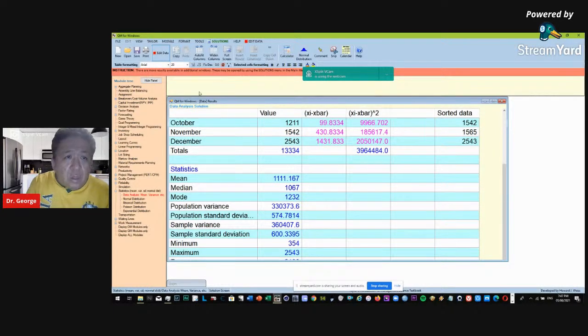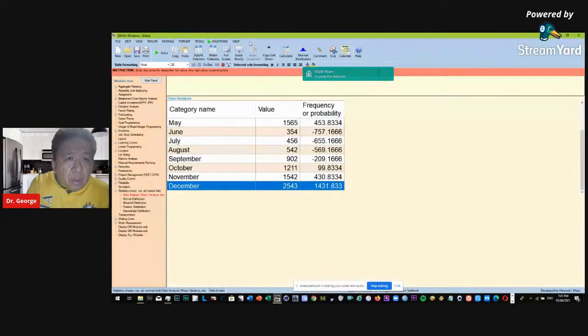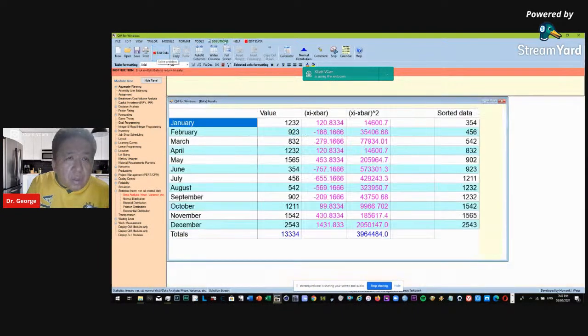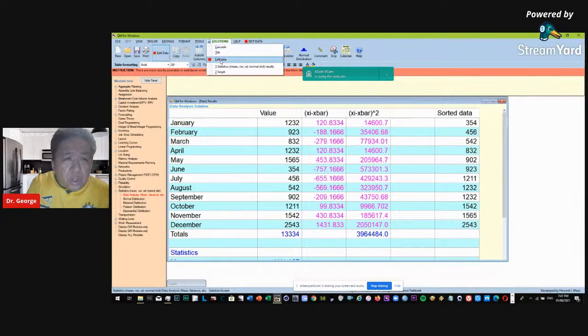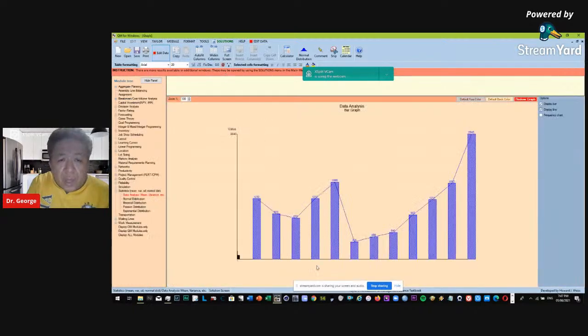Okay, so if you want to see the analysis here, then you would want to look at the solutions. Then you have the statistics, and then you can see also the graph. The graph looks like histogram of sorts.